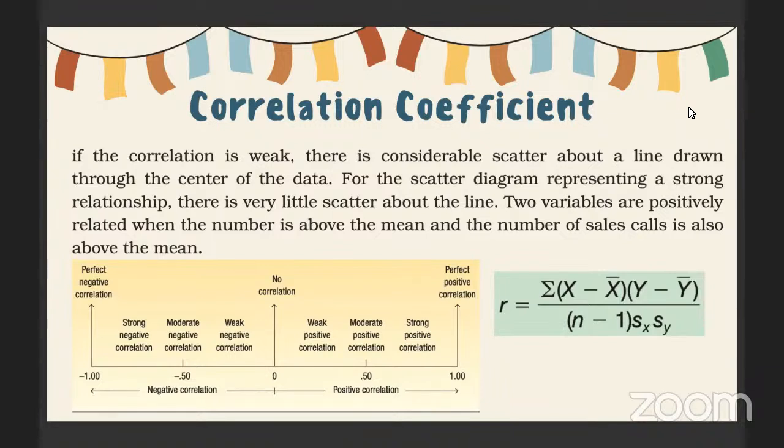And here's the formula to calculate the correlation coefficient: r equals the sum of x minus mean of x times y minus mean of y, divided by n-1 times the standard deviation of x times the standard deviation of y.